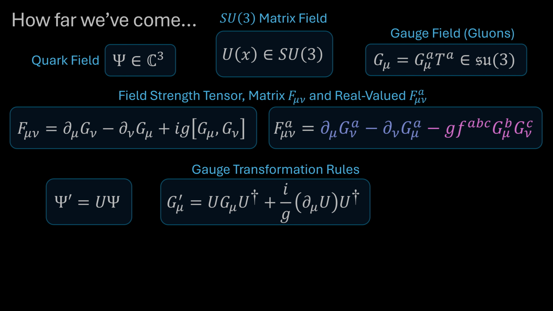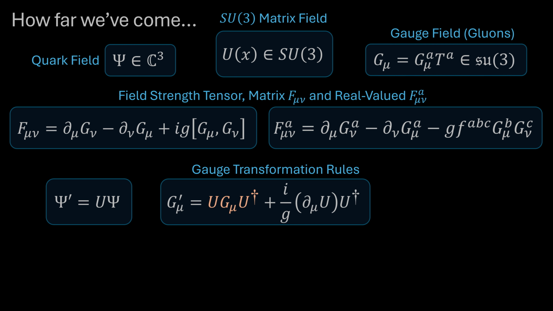Okay, and so when you reflect on all of this and you look at the gauge transformation rules, we have the transformed color triplet field psi is simply U times psi for our SU(3) matrix U. The gauge field from one gauge to another goes into the U U dagger sandwich of the adjoint transformation, and that represents a kind of reorientation in color space, which is appropriate given the SU(3) transformation.